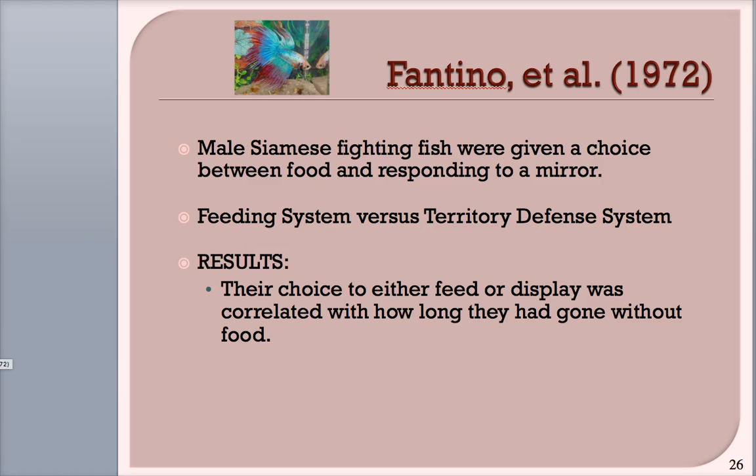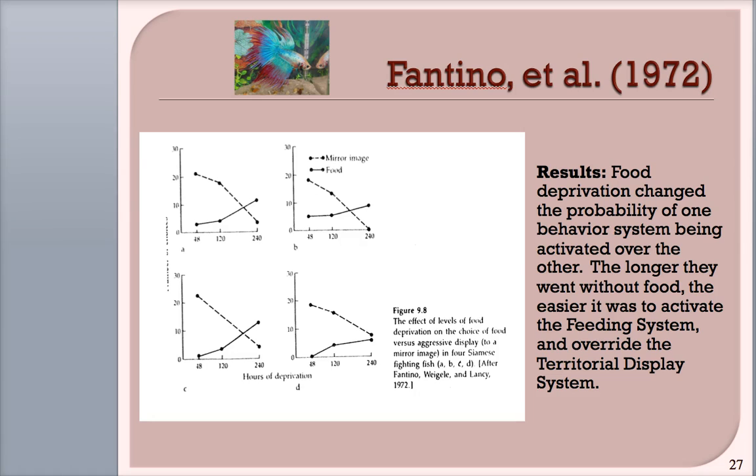Remember, fish are cold-blooded, so it takes a while for them to get hungry. And what they find is that their choice to either feed or defend their territory depends on how long they've gone without food.